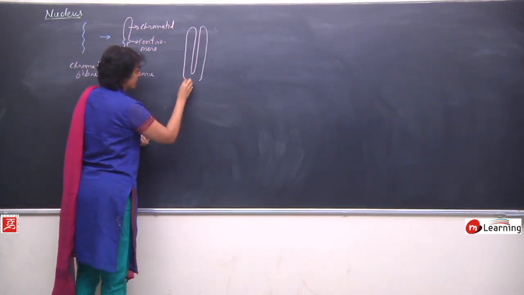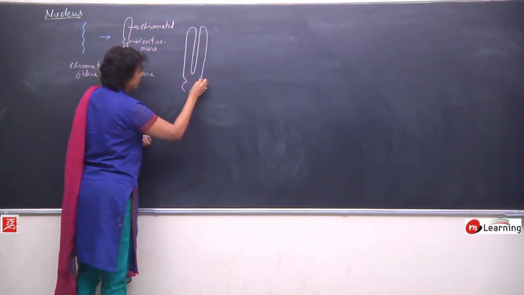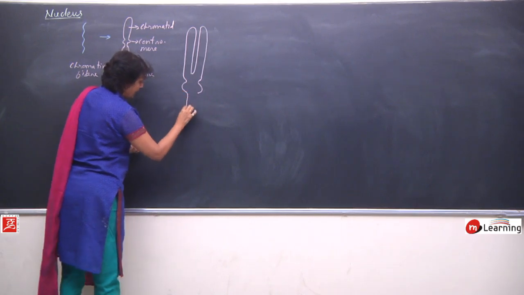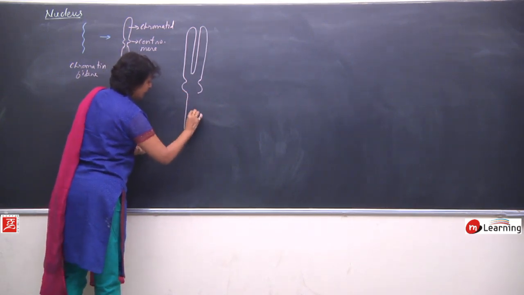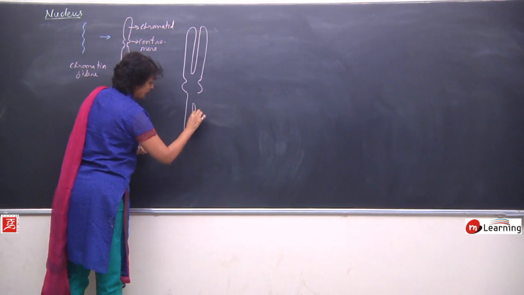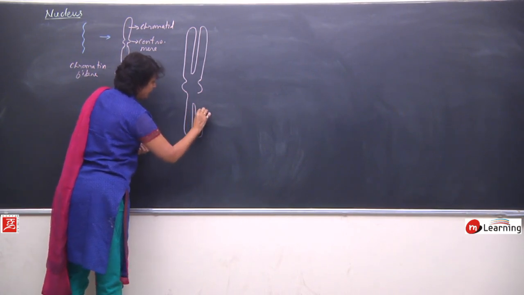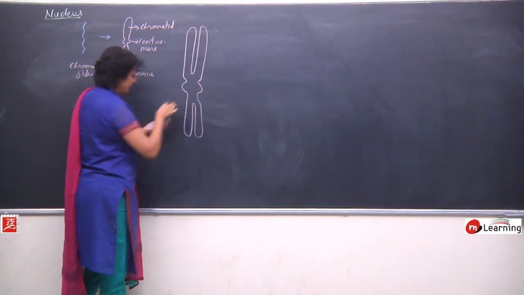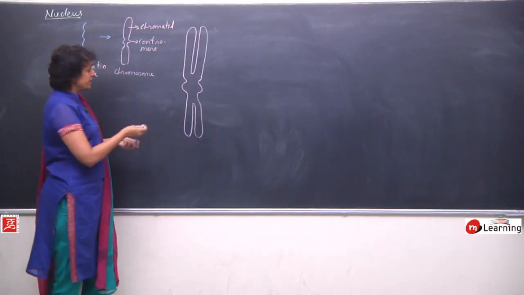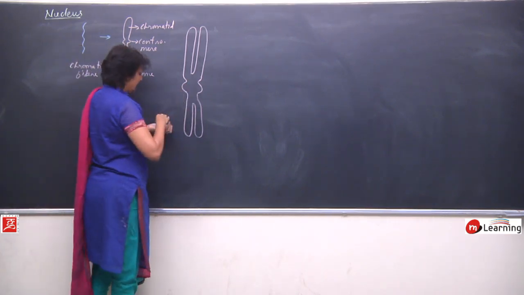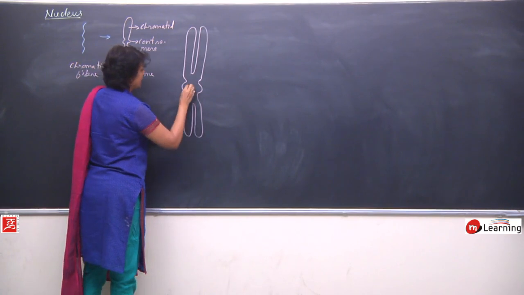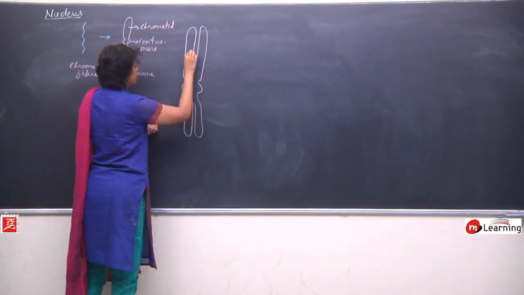So here there is this constricted area, and again these chromatids. In these chromatids run thread-like fibers.